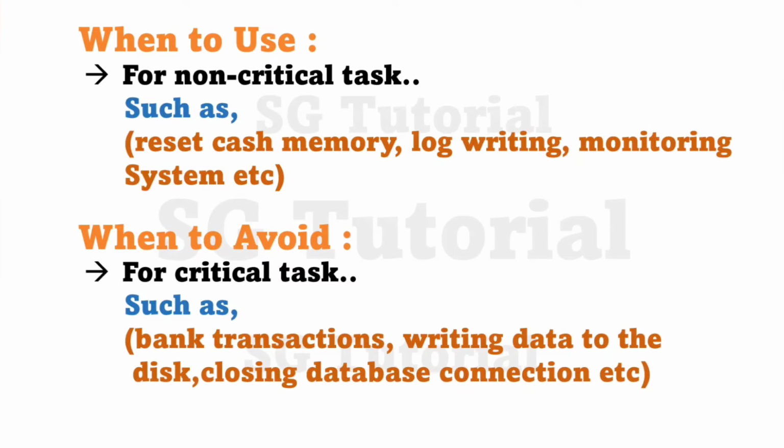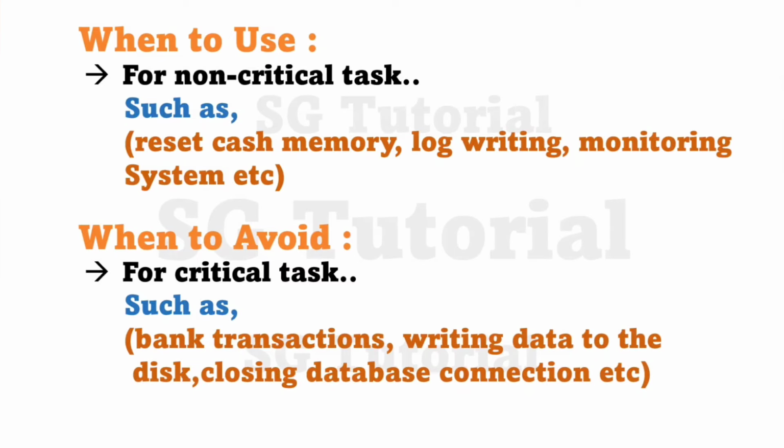Their life cycle depends on user threads. If user threads terminate, the JVM kills the daemon threads without waiting for them to terminate, and therefore there is no guarantee that daemon threads will complete their execution. So always keep in mind, never use daemon threads for critical tasks.